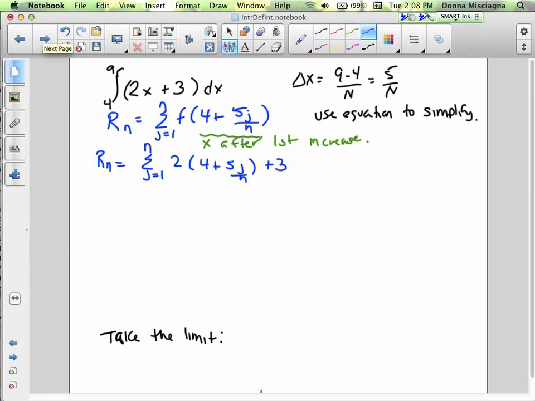Oops, and I forgot to write one little thing in there. Don't forget our 5 over n. Once in a while I forget and I have to add it in at the end. I'm concentrating on the other part here. Now let's simplify that. So our next step is to simplify.